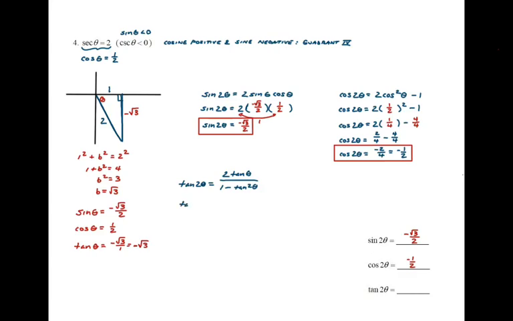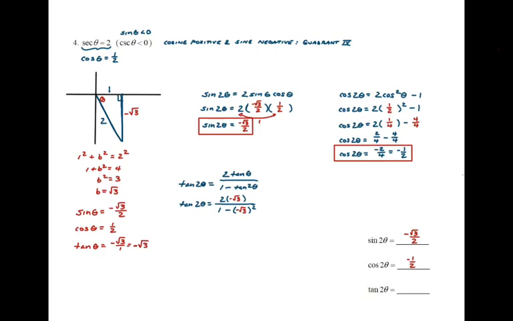So then I'm going to put negative root 3 in the top and bottom where tangent of theta was. So I get 2 times negative root 3 in the top over 1 minus negative root 3 quantity squared. And this is one of the examples where I think it's really important to have parentheses around the negative root 3, because I would need to square that negative value first before that minus out front affects it.